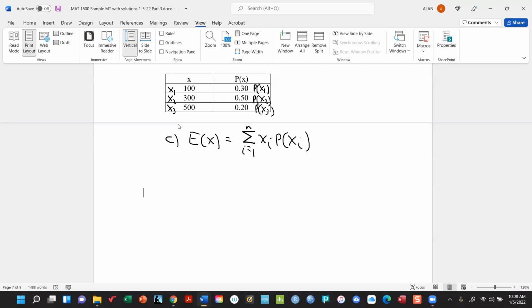So for example, here, what you would actually have is 100 times 0.3 plus 300 times 0.5 plus 500 times 0.2. All right, and that gives us 30 plus 150 plus 100, which is 280. Okay, so that's how that's done.